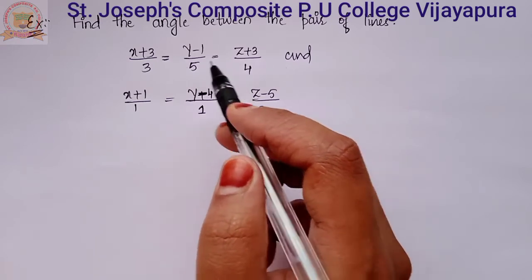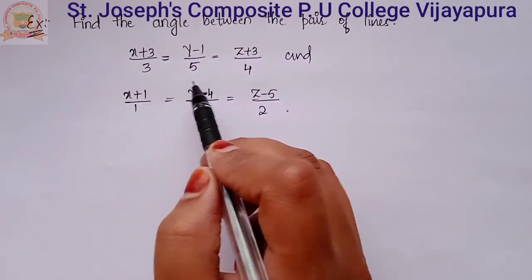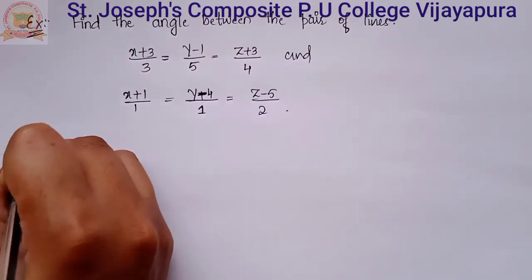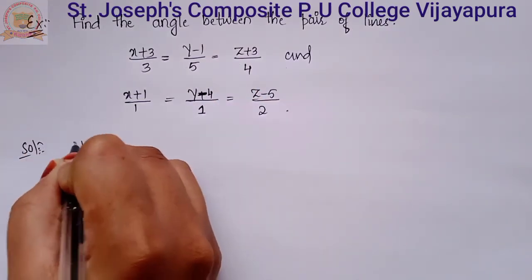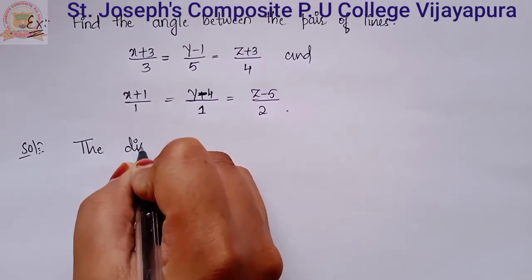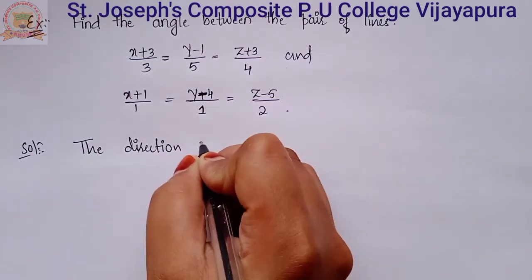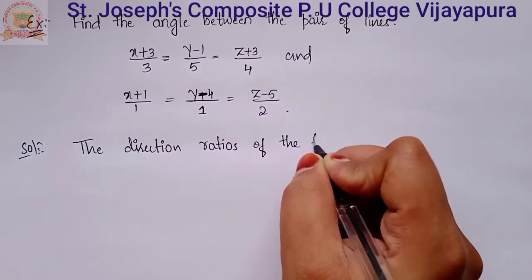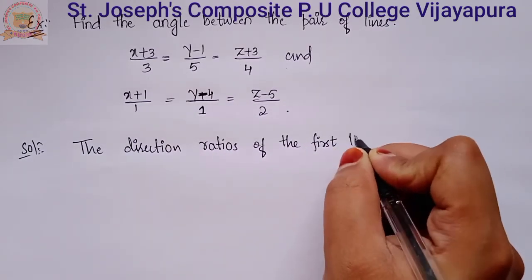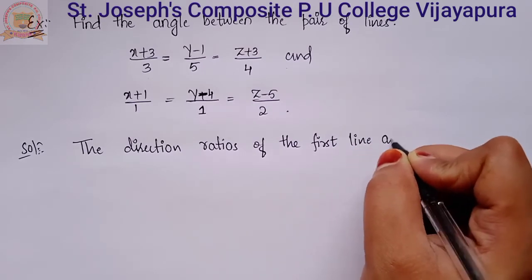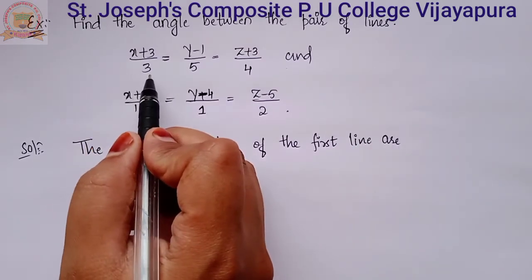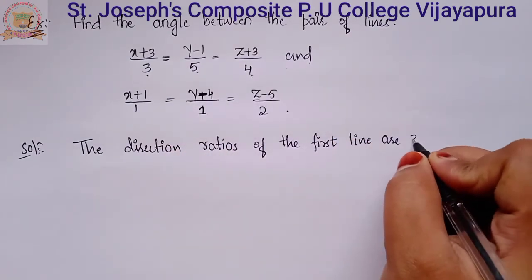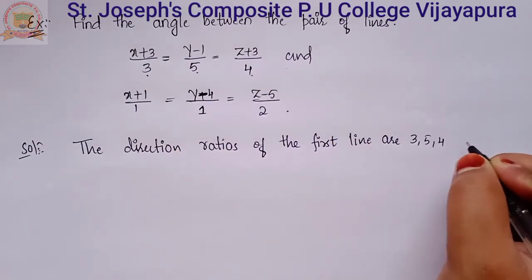we get the direction ratios of the first line are 3, 5 and 4.